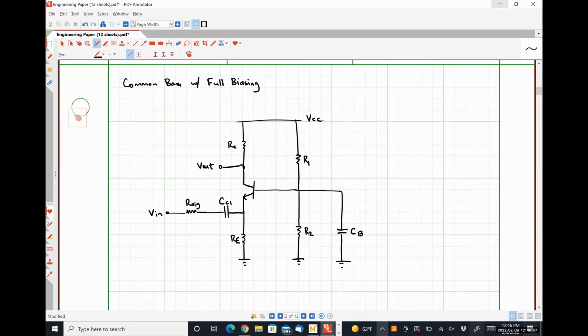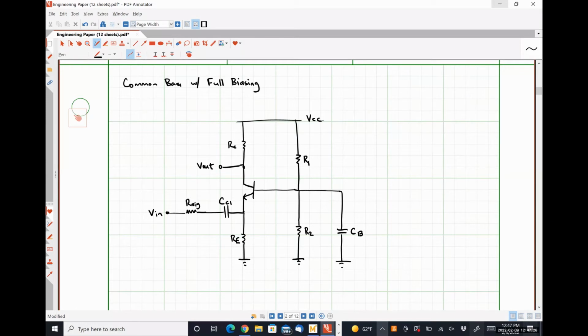So let's talk about what this guy actually looks like at the small signal, right? So for small signal analysis, we treat our capacitors like short circuits, okay? So our capacitor CC1 and its capacitor CB are both short circuits. VCC, our power supply voltage, is now an AC ground.